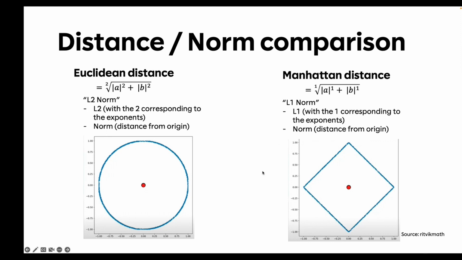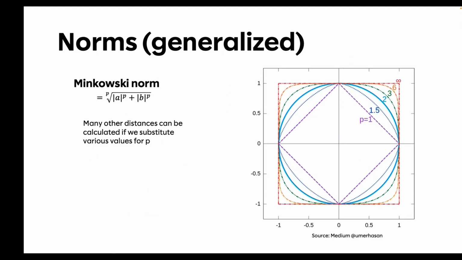Okay, so L1 norm, L2 norm. In math, what we tend to try to do is not stop there. We tend to generalize things. And so why stop at L1 and L2 norm? You can actually generalize this into what's called a Minkowski norm, which allows you to put any value for P. You can raise it to all these different values. And you can see, this guy right here did a very good job to illustrate this.